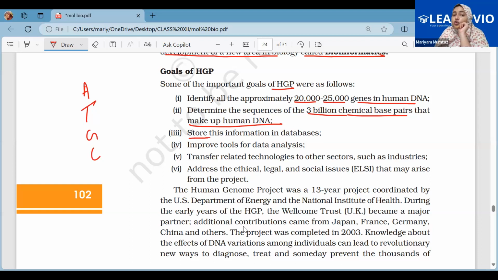After that, they had to store this information in databases. Then also to improve tools for data analysis, and then transfer related technologies to other sectors such as industries. Lastly, to address the ethical, legal, and social issues that may arise from this project. So this was the goal that they had.